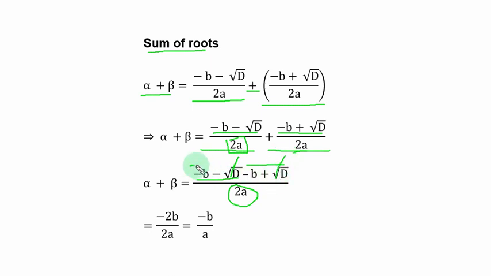You are left with minus b, and that is minus 2b over 2a. So 2 cancels 2, you are left with minus b over 2a. So anytime you are asked to find the sum of roots, you don't need to actually solve the equation and get the roots before adding. Once you identify b and a, the sum of roots becomes minus b divided by a.